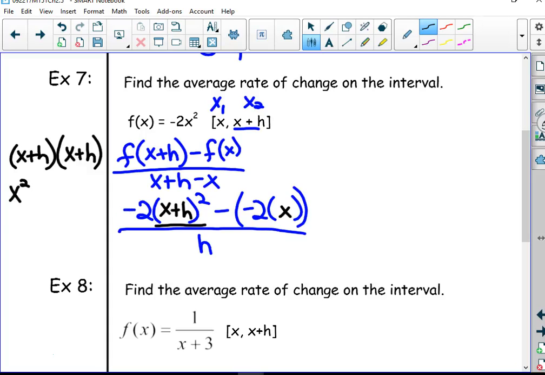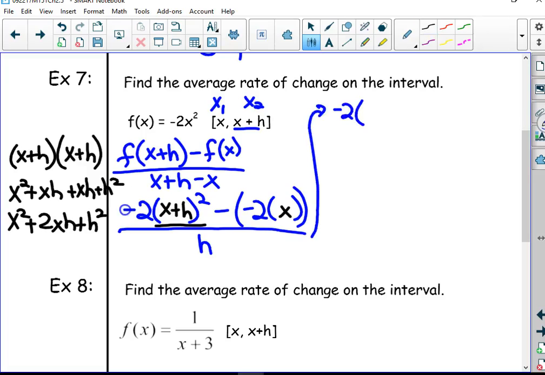That's my first multiplication. My second multiplication is x times h. And my third multiplication is h times x. And then h times h is just h squared. So what I get is x squared plus 2xh plus h squared. And that's what I'm going to substitute in the next step.